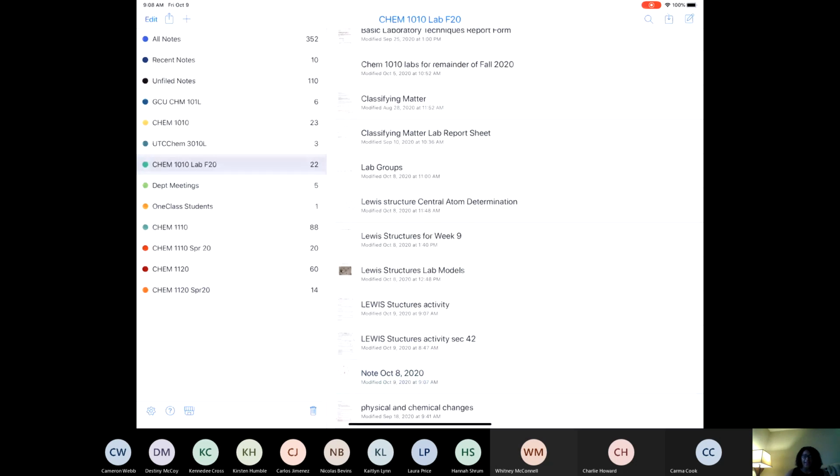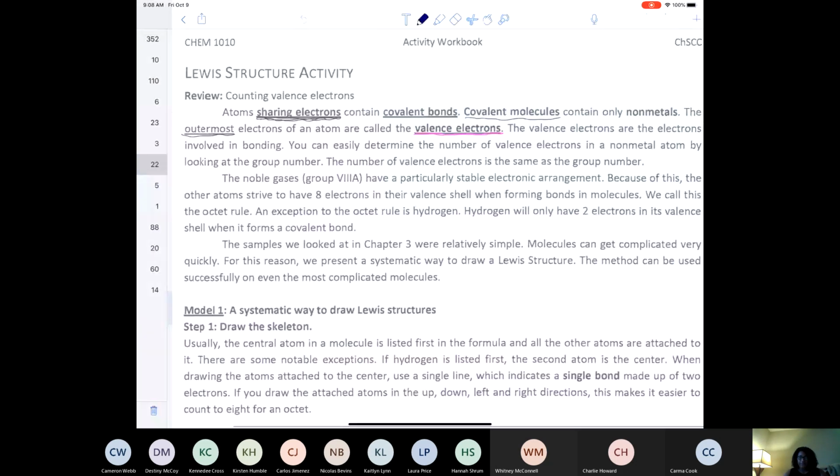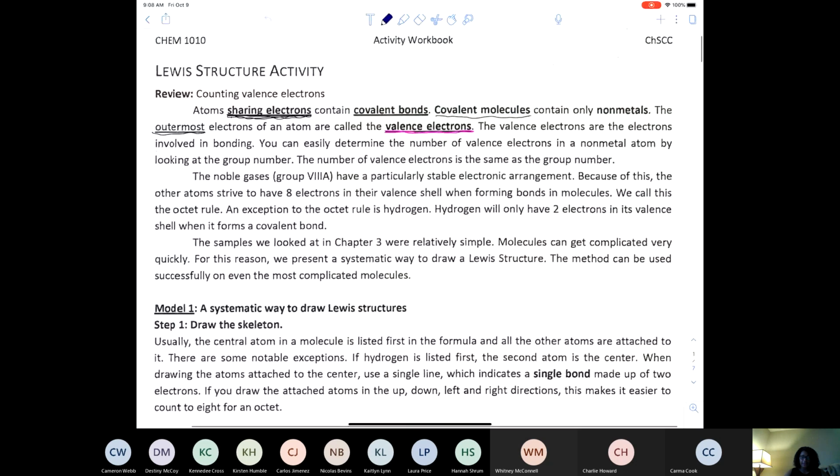And so the number of valence electrons is determined by the group number that element resides in on the periodic table. So oxygen is in group 6A, and therefore it has 6 valence electrons.